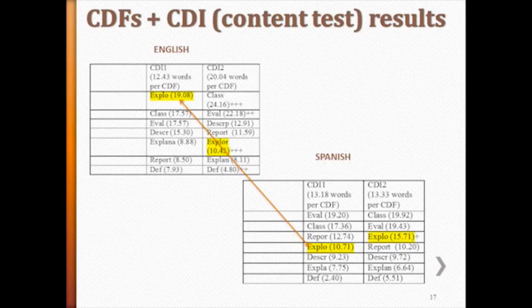And even if you compare between English and Spanish, the group in English were using explore more in English than in Spanish. But the group which had a lower score on the content test seemed to be happier to use explore when in Spanish. So the difference that seemed to emerge here seemed to center around explore.